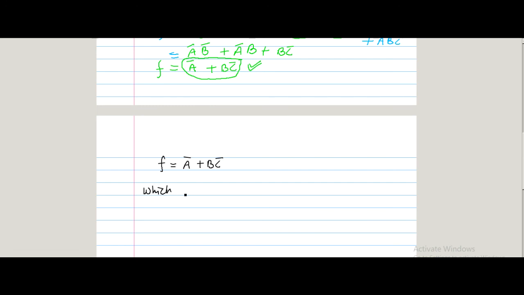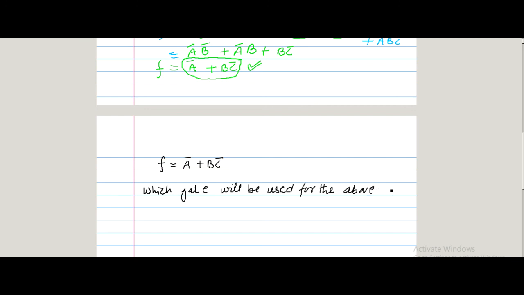Because here we can see that there is a plus operation, and the plus operation stands for the OR gate, and here we have A complement plus B dot C complement. The dot specifies the AND gate. The dot represents the AND gate.